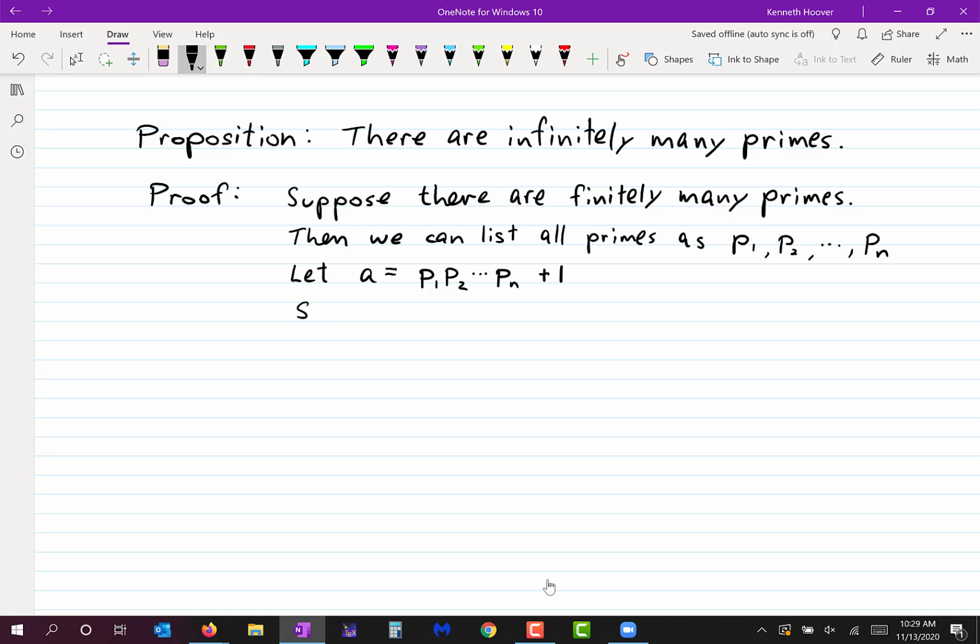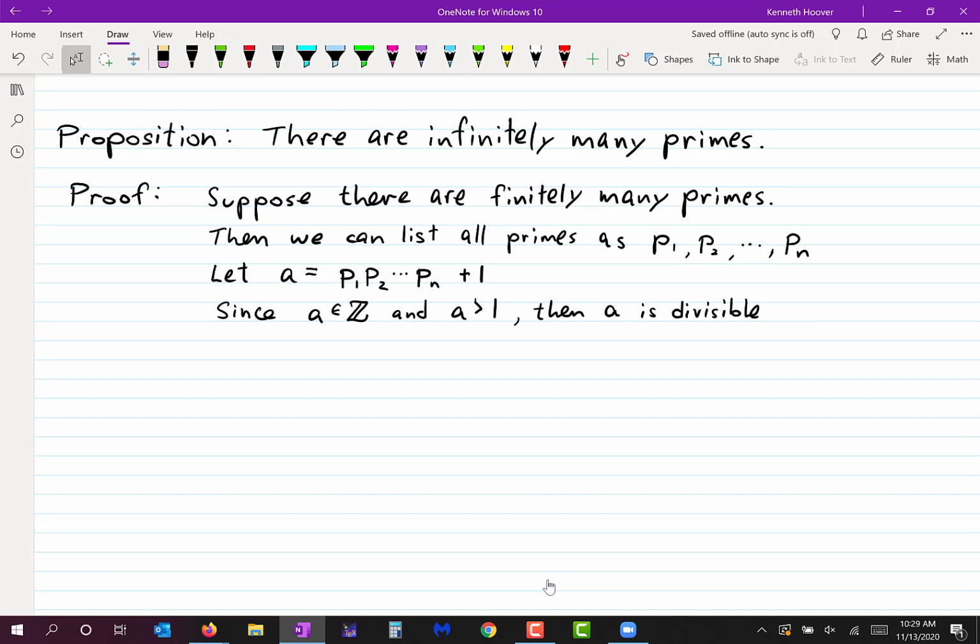Since A is an integer and A is greater than 1, how do I know it's greater than 1? Because it's 1 plus the product of all of the primes. Okay, so since A is an integer that is greater than 1, then A is divisible by some prime number.